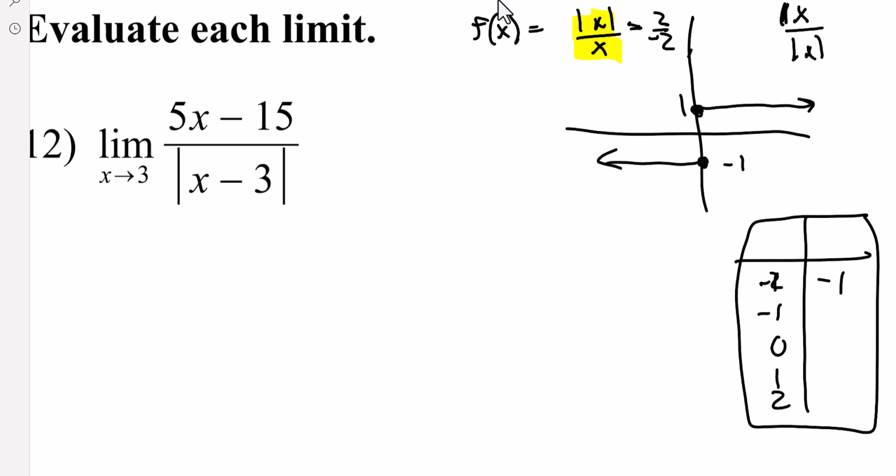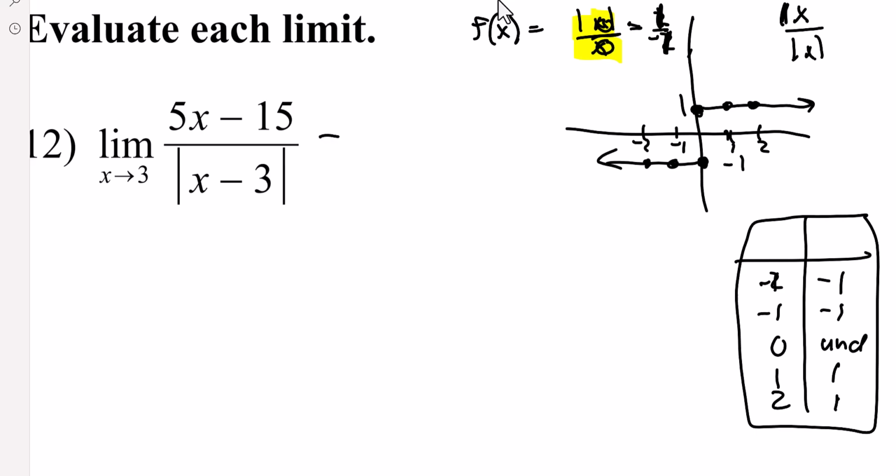And then when you put -1 in there, you're going to get 1 over -1, which is -1. When you put 0 in there, well, 0 divided by 0 is undefined. So that's where an asymptote is going to be. And then 1 over 1, absolute value of 1 is 1. 1 divided by 1 is 1. Absolute value of 2 is 2. 2 divided by 2 is 1. And so look at this height. And then -1, -2. So that's the parent graph.